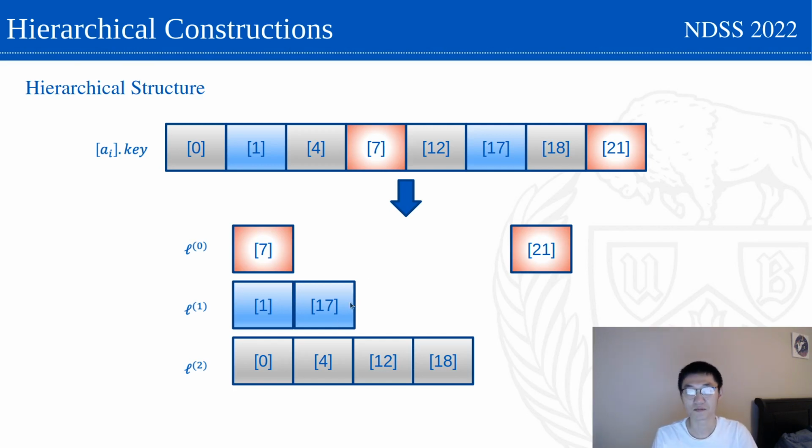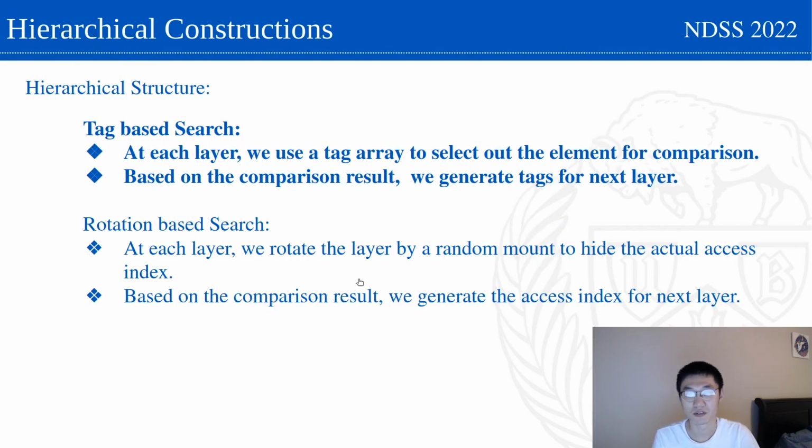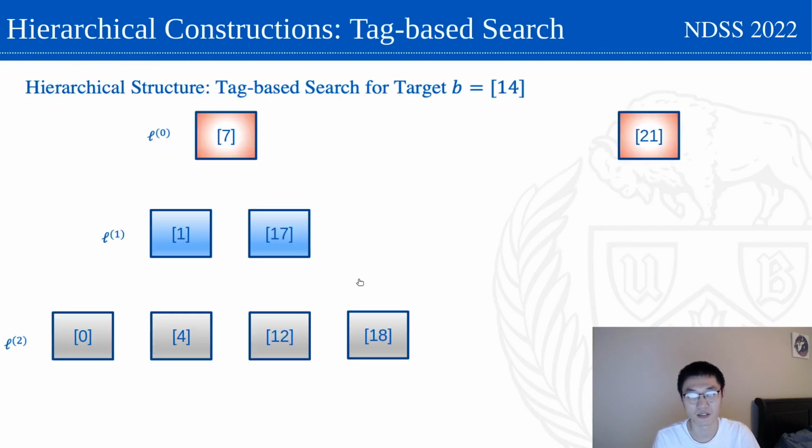We found that there are lots of interesting things we can do based on this structure. We proposed two search protocols: one is tag-based, and the other is rotation-based. The difference between these two solutions is how the access pattern is protected. Today we will only look at the tag-based solution because it has better capacity.